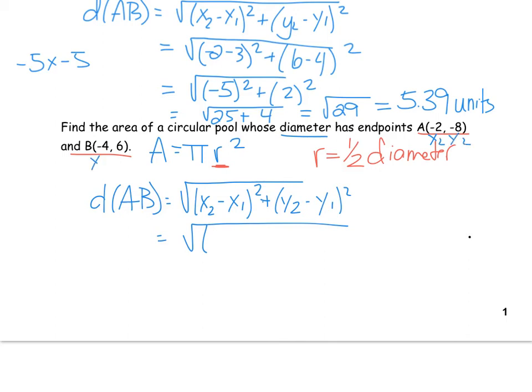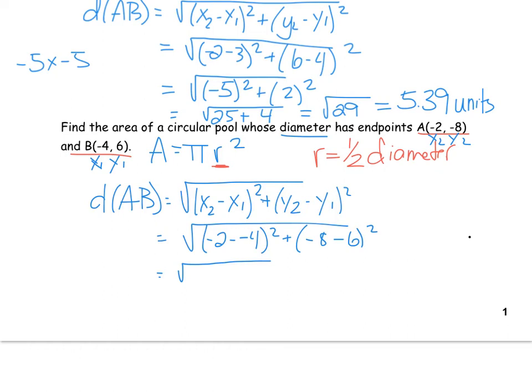This will be my x1, y1. Okay, so my x2 is -2 minus -4 squared plus y2, -8, minus 6 squared.